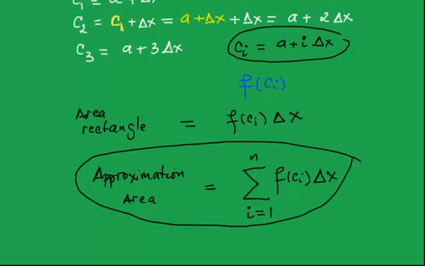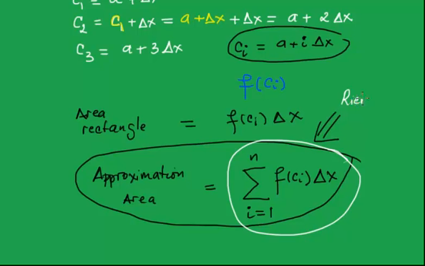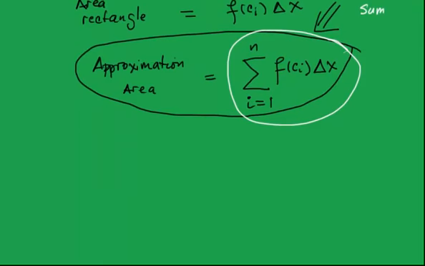But we wanted an exact area. But before we go further, this summation here on the right hand side is what's called the Riemann sum. And if we want the exact area, we need to have as many subintervals as possible.